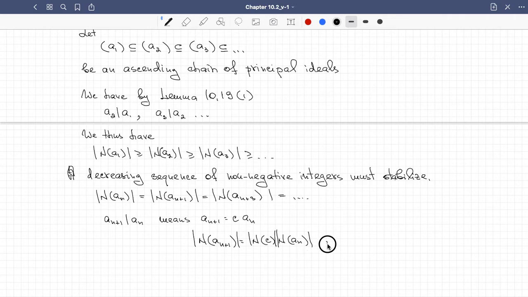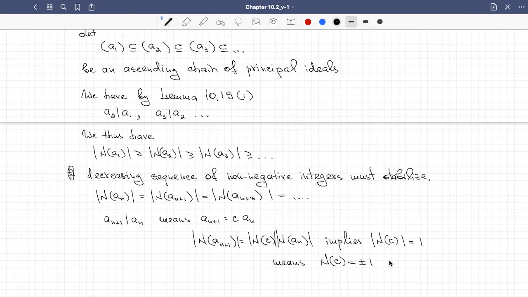This implies the norm of c is 1. That means the norm of c itself is plus or minus 1.